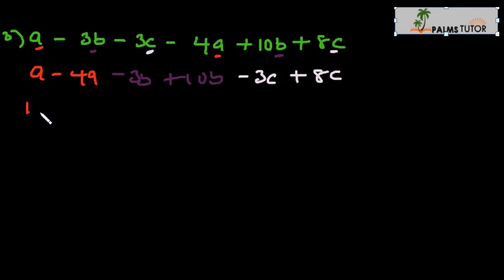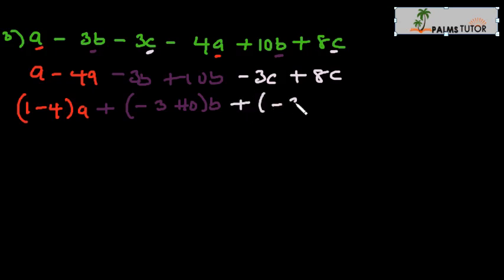So we have 1 minus 4 for a. Now plus the coefficient of this one here, minus 3, then plus 10b. Then minus 3, then the coefficient here is plus 8.